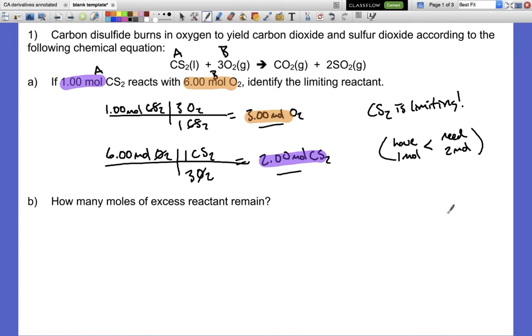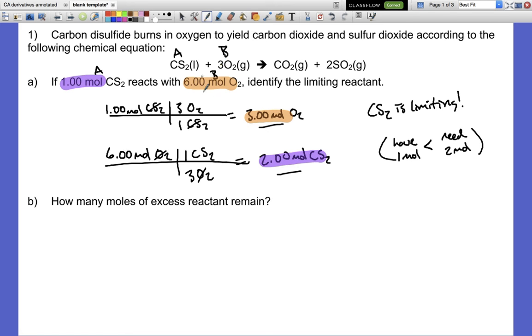You can't have less than you need and actually pull off whatever it is that you want to do, right? If you don't have $10 to buy that Big Mac meal at McDonald's, you're probably going to walk away with something off the dollar menu, right? So you're limited by that CS2, which means that oxygen is in excess.